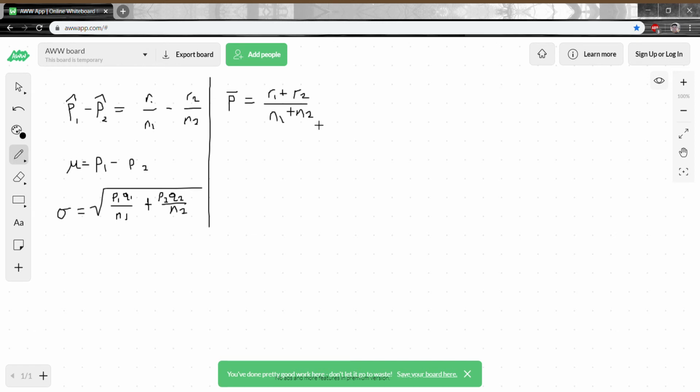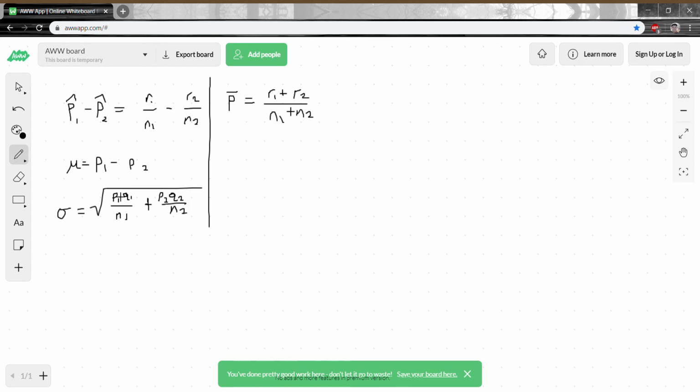Now the reason why this is important, it says this in your reading, but eventually when we start doing tests, our null hypothesis is going to be that P1 is equal to P2. And since we don't know the values of P1 and P2, they're unknown, we generate this variable P bar to stand in for them.